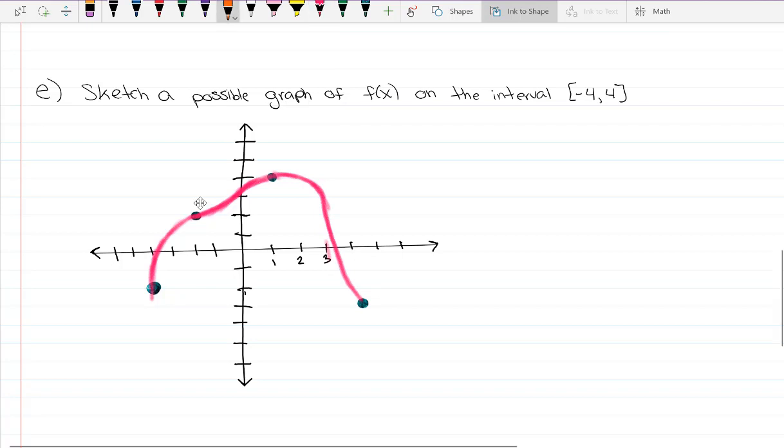So let's go ahead and identify all of our points. Right here on the graph, you have an inflection point. Right here, you have an inflection point.